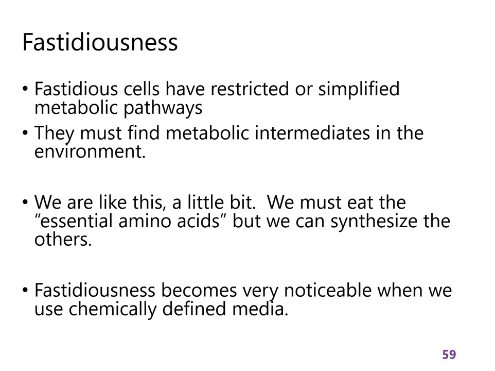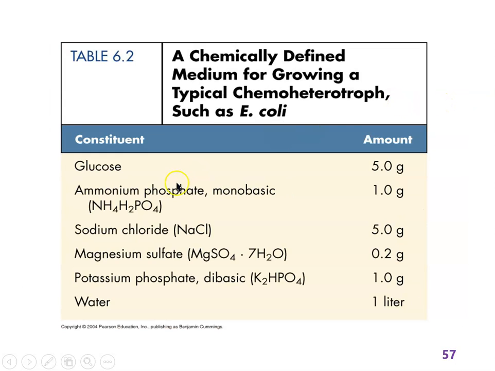E. coli can synthesize every amino acid it needs from glucose and ammonium. All the carbon and oxygen come from there. All the nitrogen comes from ammonium phosphate. Boom.